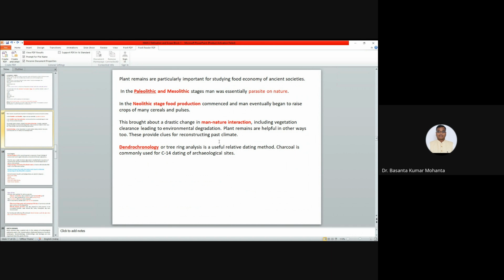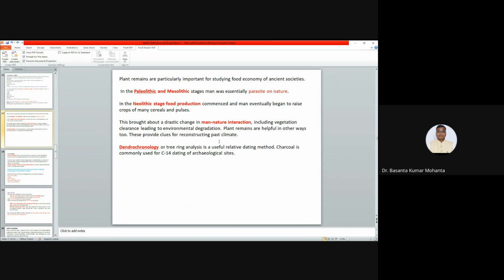Similarly, during the Neolithic stage, when they started food production, they began to cultivate different kinds of cereals, crops, pulses, etc. So this relationship of man and nature was very close during these prehistoric times, and the evidence of these plant products is very helpful to reconstruct the past climatic condition and the past environment.